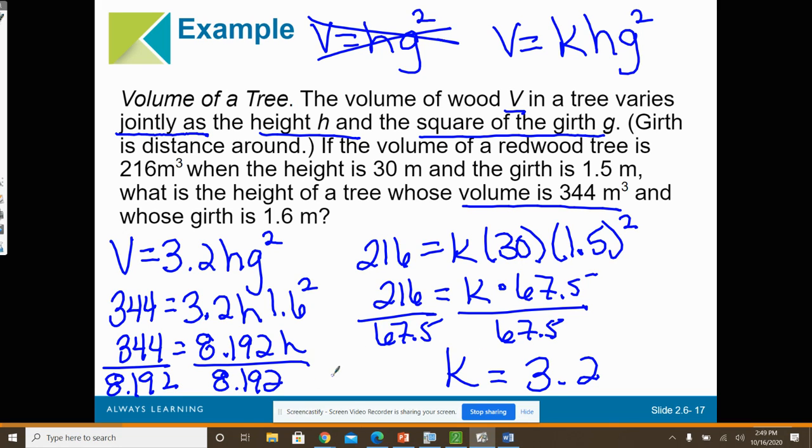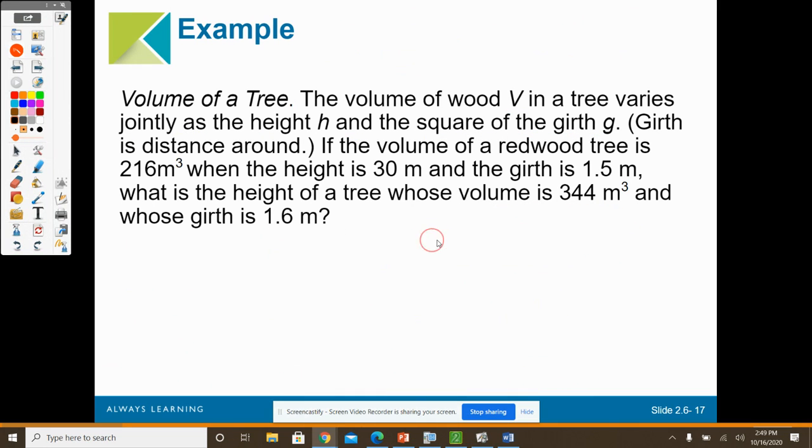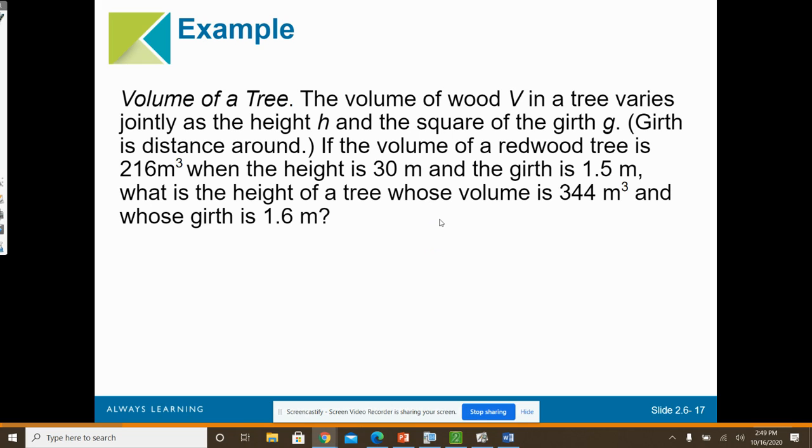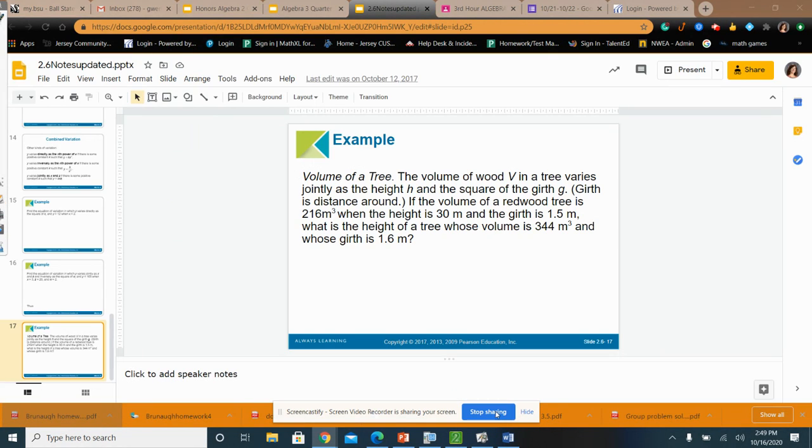Looks like it's about 42. 41.99, we'll say 42. Looks pretty good. So plug those values in, use that fun fact and find it, and that's all we're doing today.